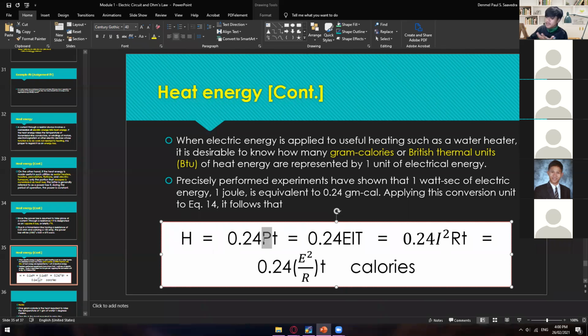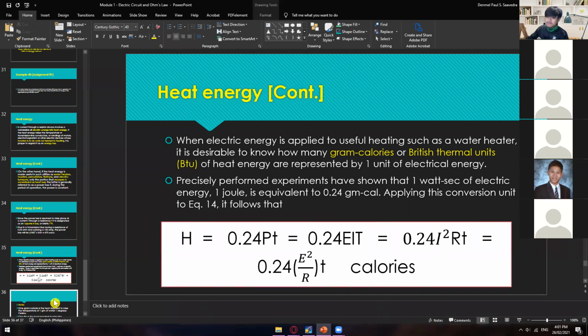Again, you can substitute this by E times I, voltage times the current, or you can substitute the value of E into I times R, which will become I squared times R. Or you can substitute the value of I into E divided by R, wherein you will get this formula. Everything was just multiplied by 0.24, because 1 watt is equivalent to 0.24 gram calories.